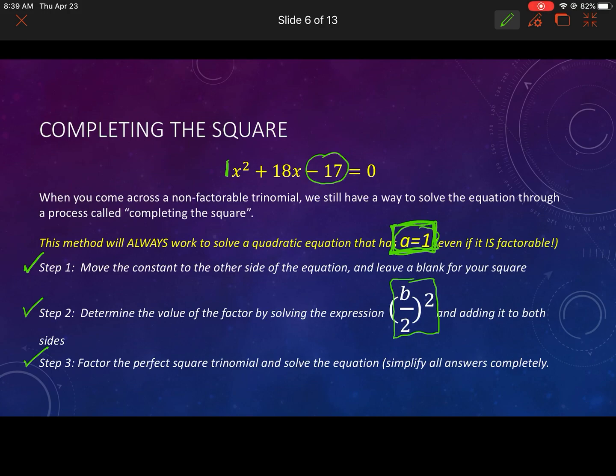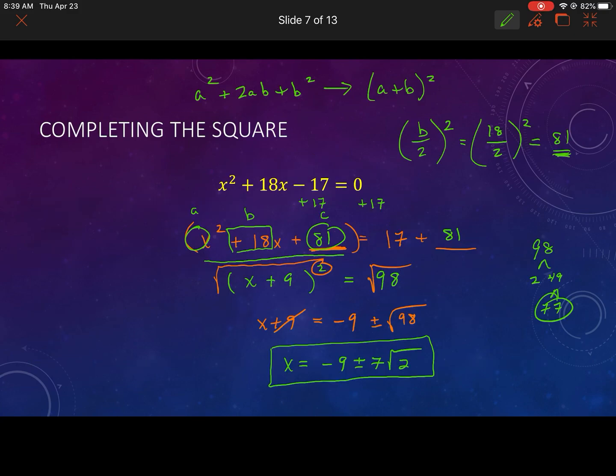If you have nothing in front of your x squared, this is how you complete the square. We'll deal with what to do when it's not a 1 tomorrow, but for right now, this is what you do when it is a 1. All right, see you guys in class.